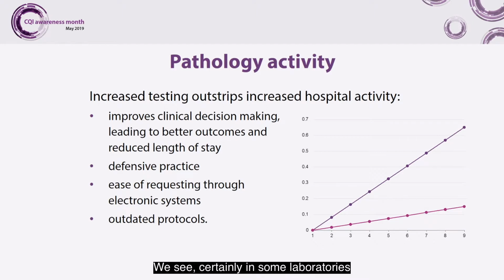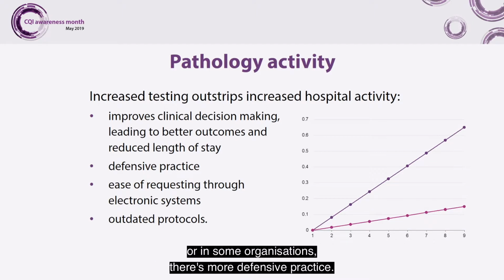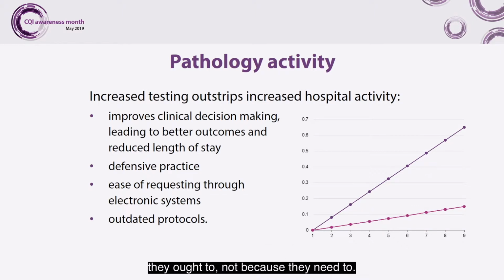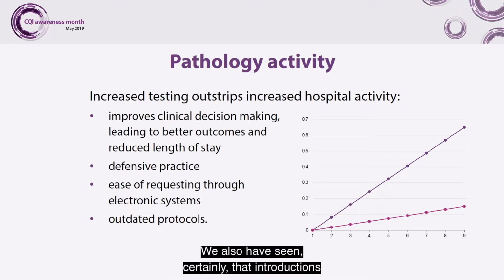We see, certainly in some laboratories or in some organisations, there's more defensive practice. People are doing more tests because they feel they ought to, not because they need to. We also have seen certainly that introductions of electronic requesting systems rather than the use of paper-based requesting systems causes an increase in demand. It is very easy to click a button on a screen.